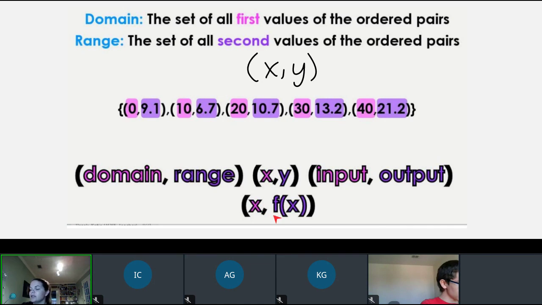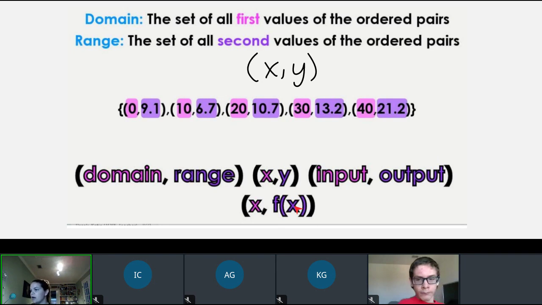And then we talked about this one last week, X and F of X. I just want you to understand that all of these different words here, domain, X, input, all mean X. Range, Y, output, and F of X are just various ways to say Y.